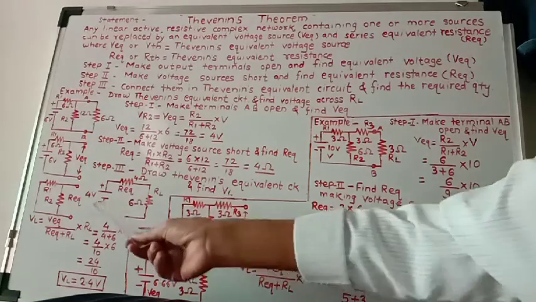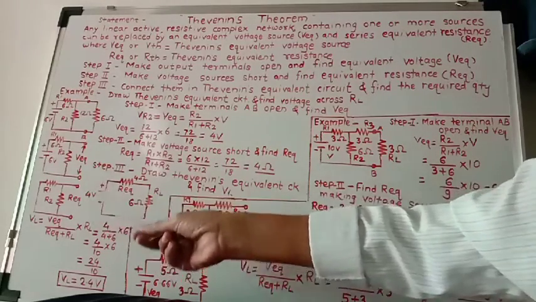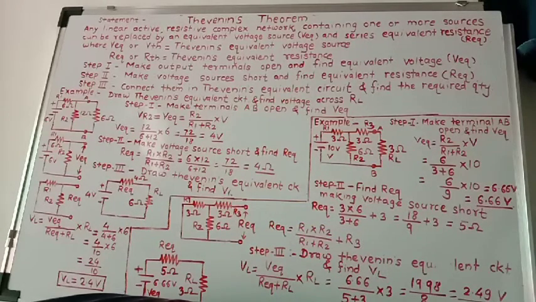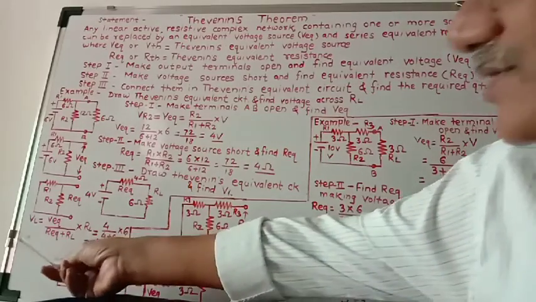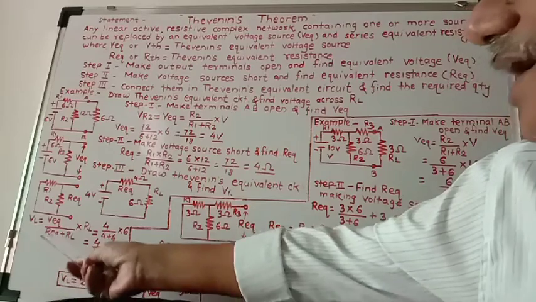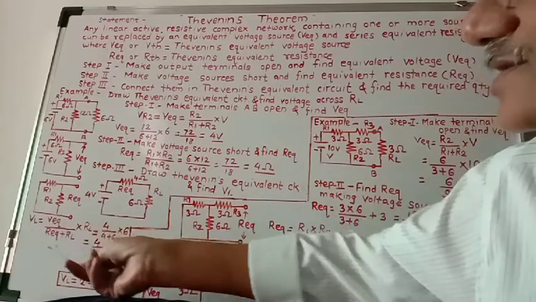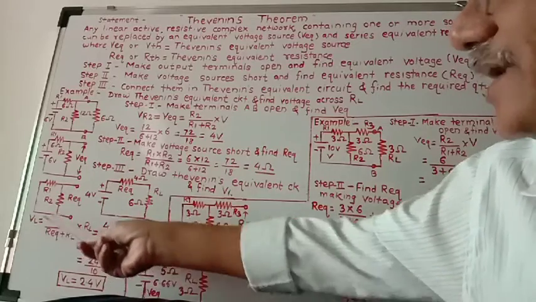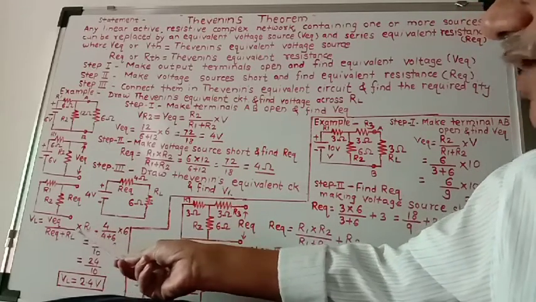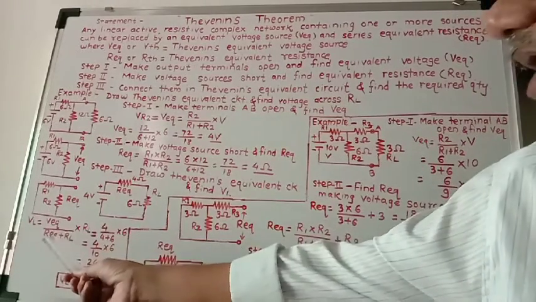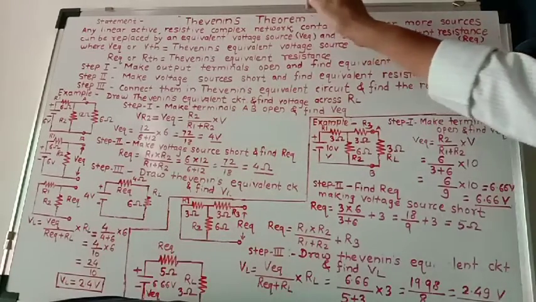IL is equal to V equivalent divided by R equivalent plus RL. So VL is equal to V equivalent divided by R equivalent plus RL, multiplied by RL.